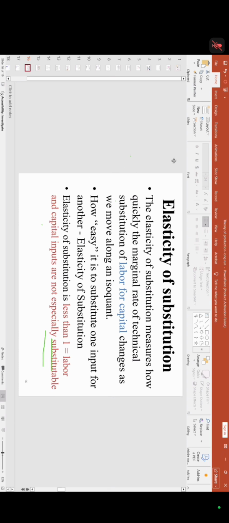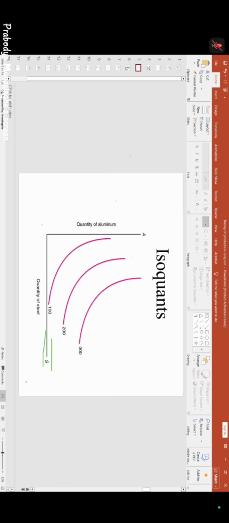So this is your isoquant curve. Now we are going to know the elasticity in the marginal rate of technical substitution.